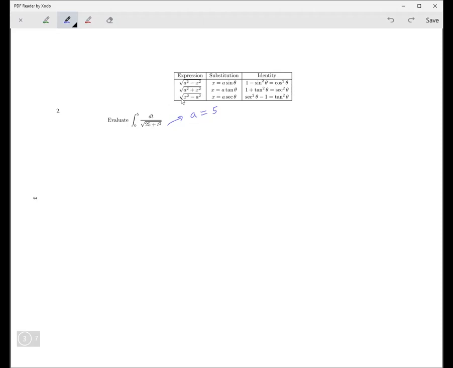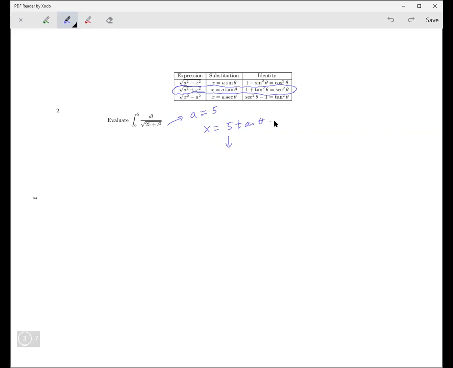And so we're going to use this middle one right here. So t is 5 tangent theta, because a is 5, because it comes from the 25 right here. 25 was right there, so that's 5 squared. So it's 5 tangent theta.